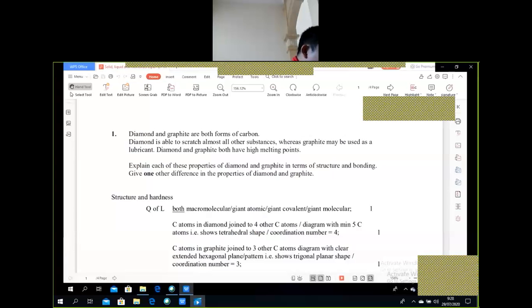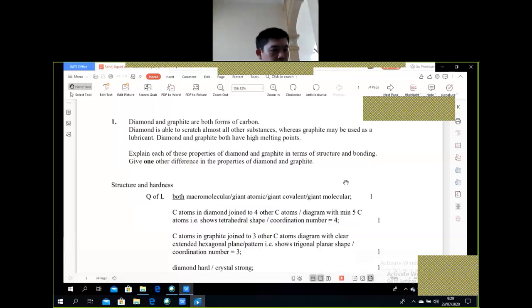So we can call the shape of the molecule trigonal planar. Because one carbon is bonded to other 3 carbon atoms, this structure has a coordination number of 3.